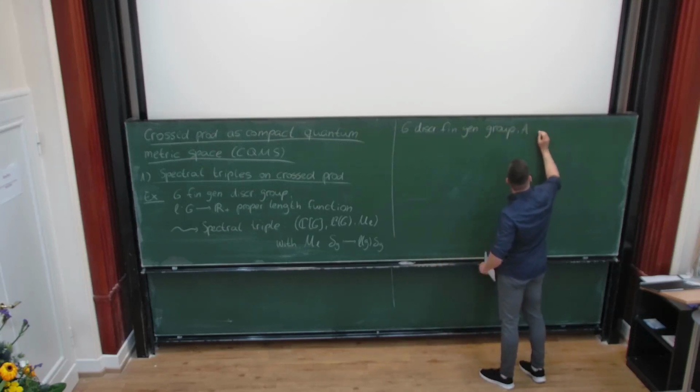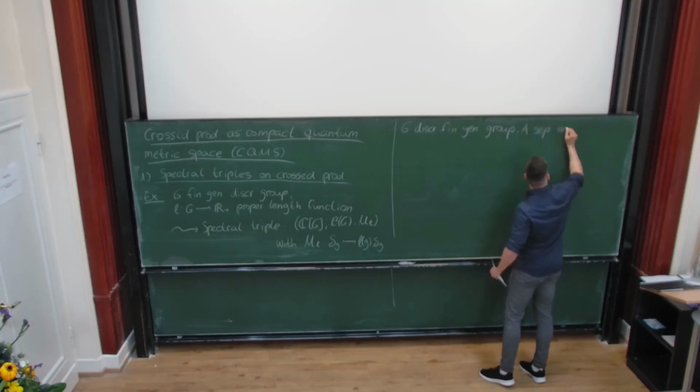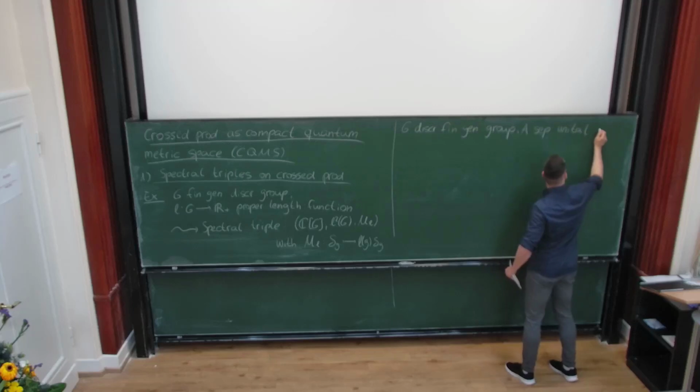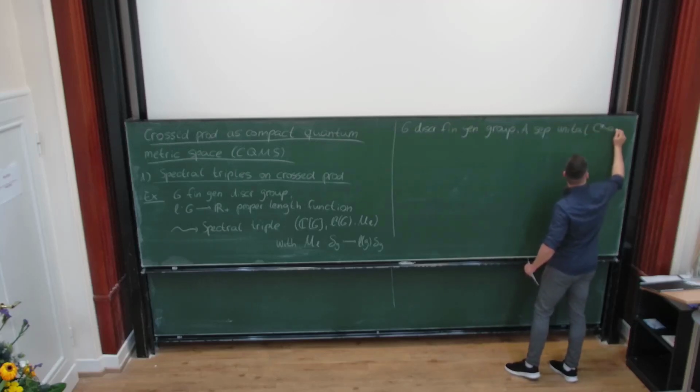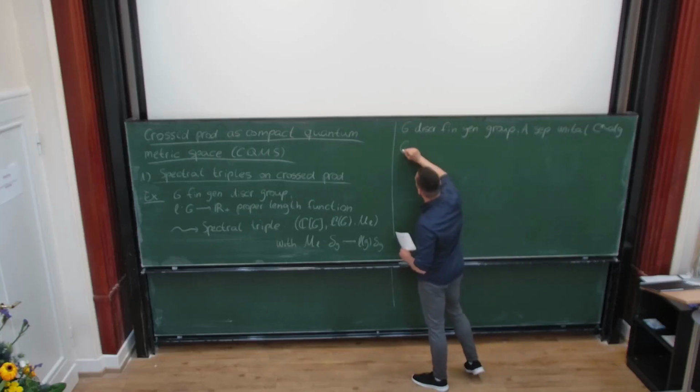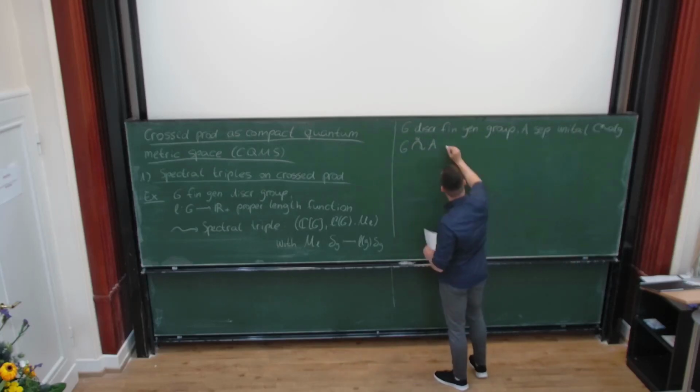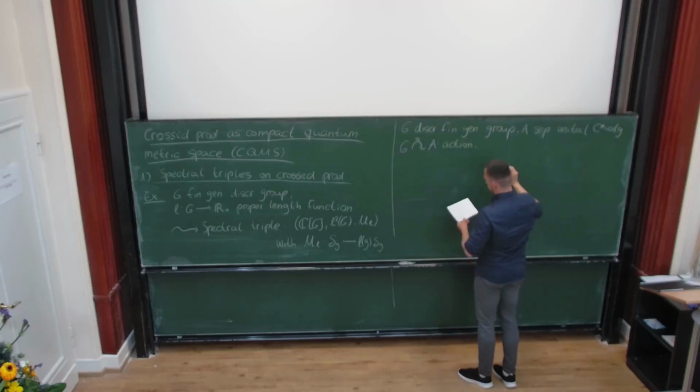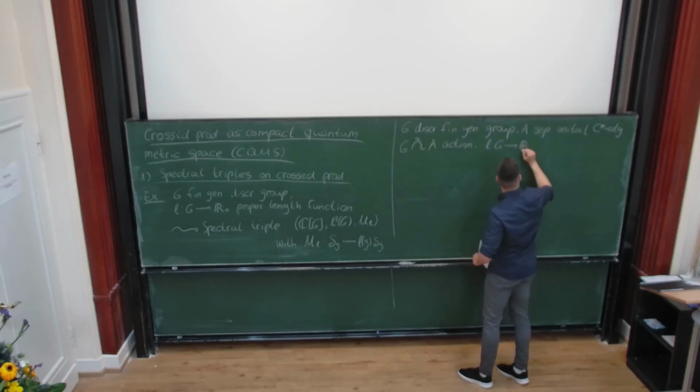All C-star algebras will be separable and unital. We want an action alpha of the group G on the C-star algebra A, and again a proper length function.